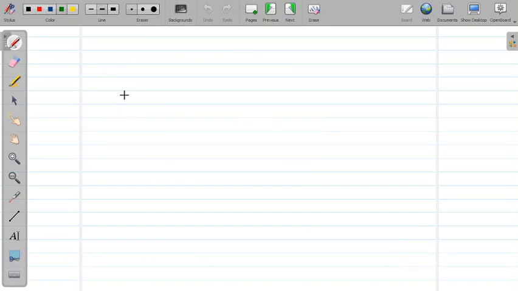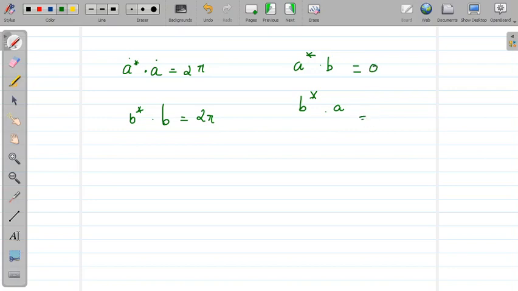We can find that A star dot A is equal to 2 pi, and B star dot B equal to 2 pi. But A star dot B and B star dot A, both of these are 0. So these are the relations connecting primitive translation vectors of the real lattice and reciprocal lattice in two dimensions.